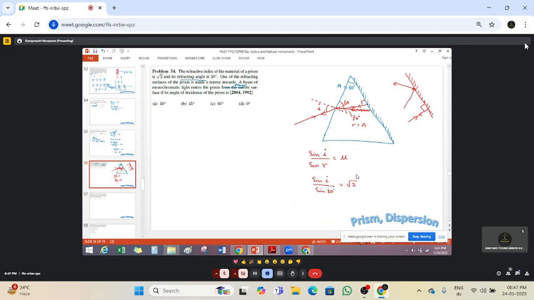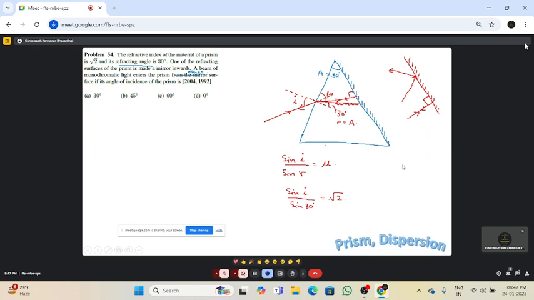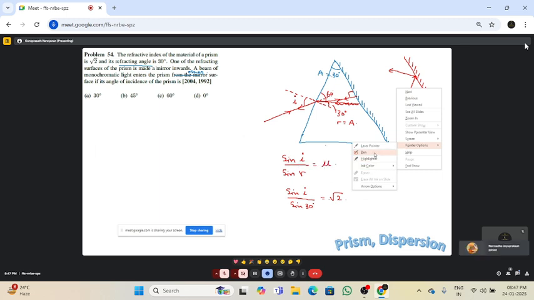Maybe I'll try to erase some of the unwanted lines here. Okay, I don't have the option of erasing this.